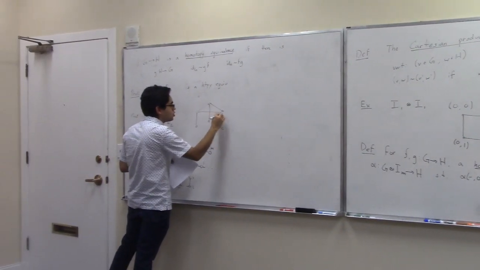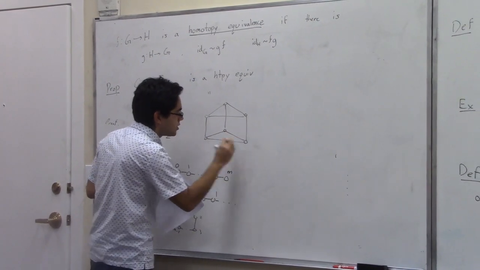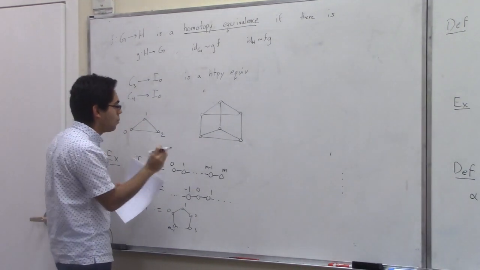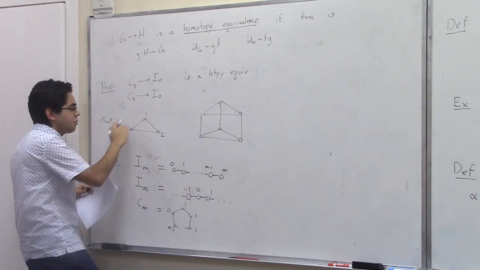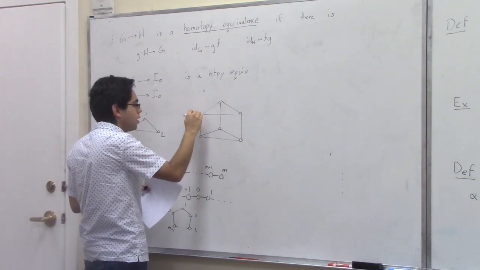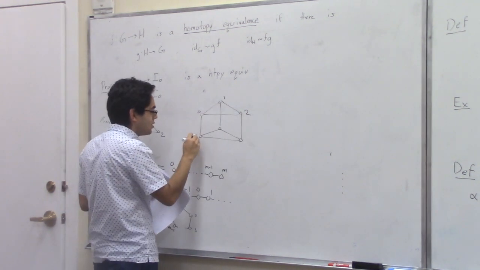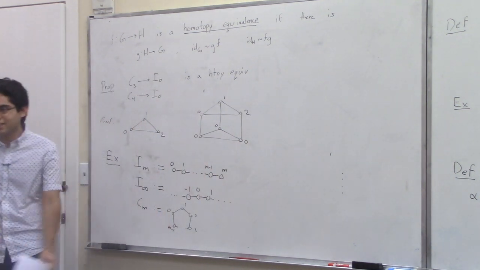So what I'm drawing for you right now is the graph C3 tensor I1. And now I can give you a map from C3 tensor I1 to C3 just by labeling the vertices, and that will tell you where I'm sending them to. So up top, I'm going to see 0, 1, 2. Down below, I'm going to see all zeros, and that's it.